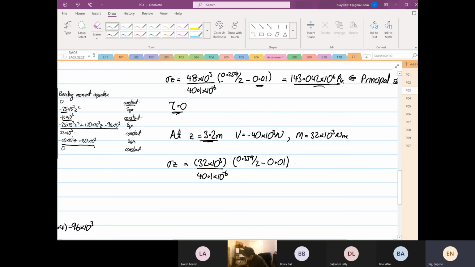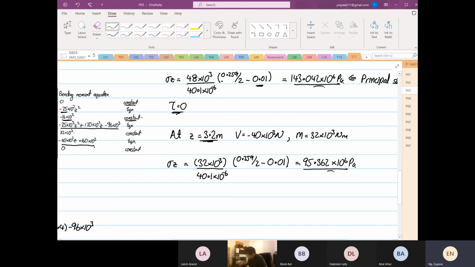So this will be 0.259 divided by 2 minus 0.01, times 32 times 10 to the power 3, divided by 40.1 times 10 to the power minus 6. It is equal to 95.362 times 10 to the power 6 Pascal.